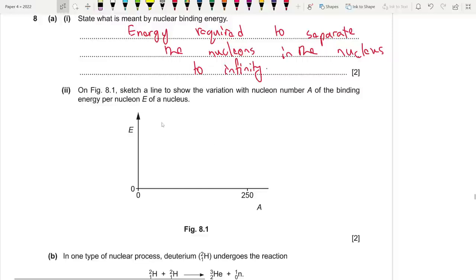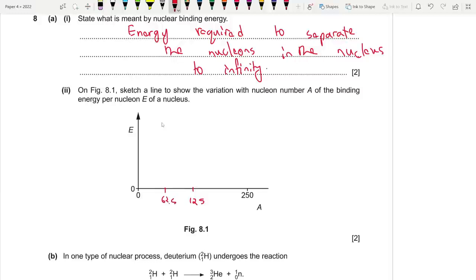So this is 250, right? So the midpoint should be 125, and this midpoint should be, how much is it? That's 62.5. This midpoint is 62.5.